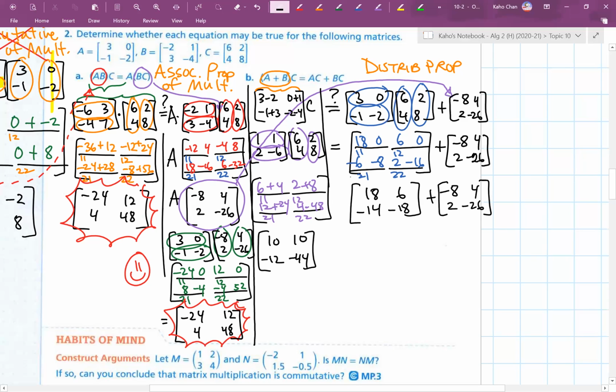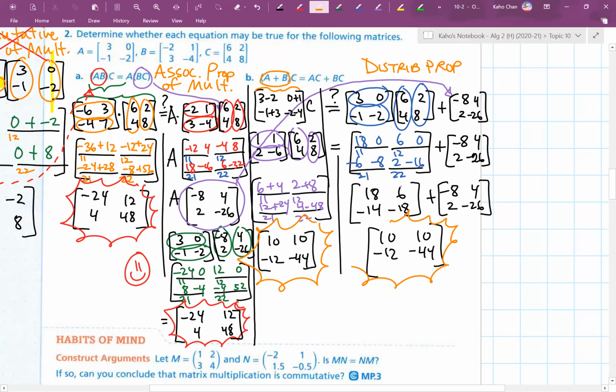Did you guess correctly? 10, 10, negative 12. No way. Weird. Ding, ding, ding. Yes. This works too, the distributive property of a 2 by 2.